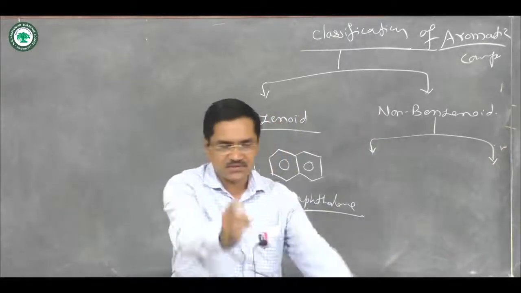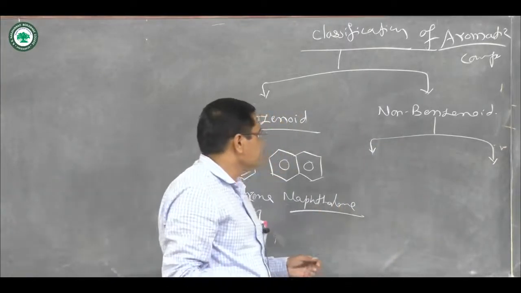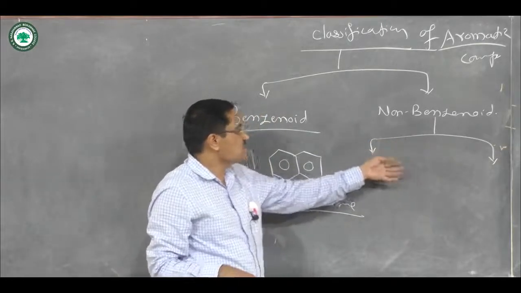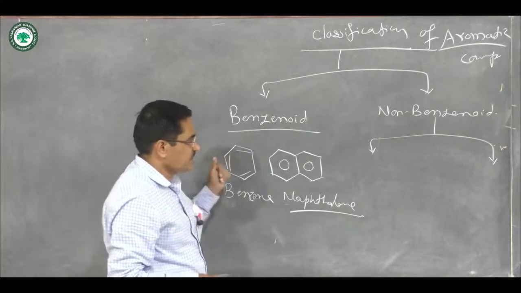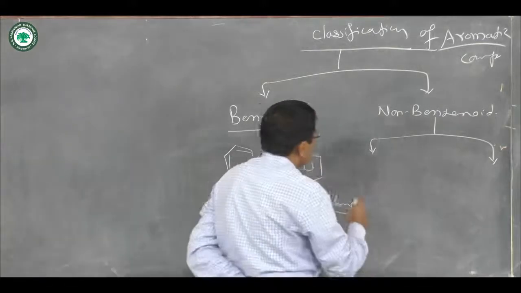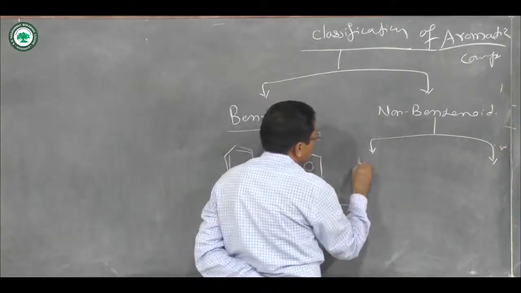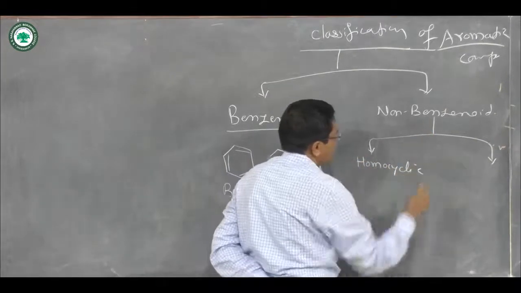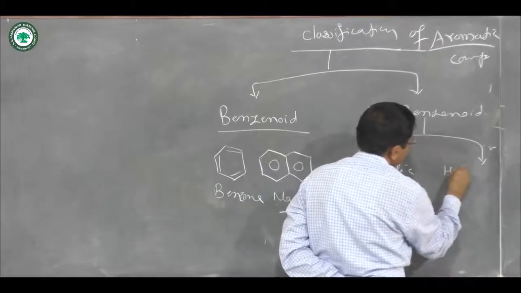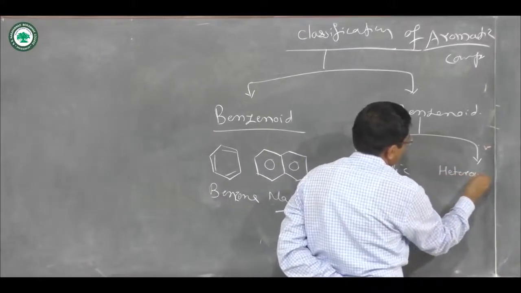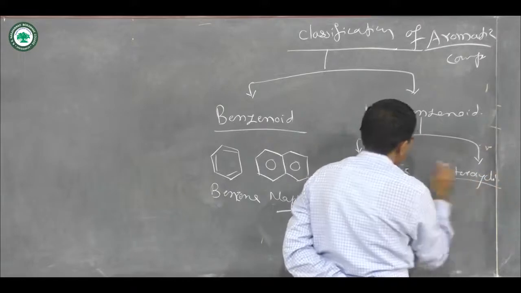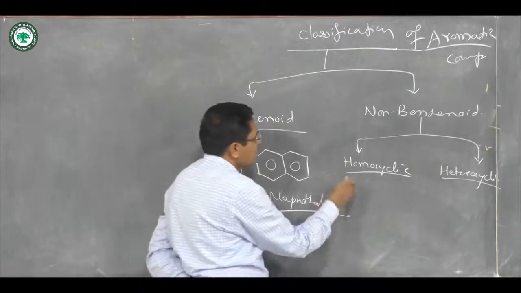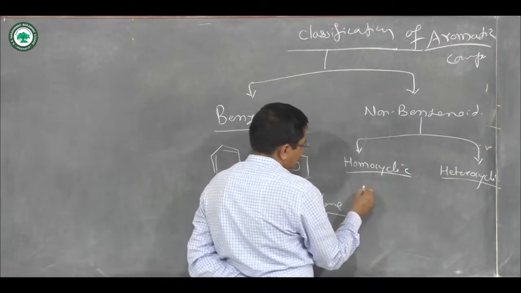Non-benzenoid compound is nothing but those compounds which are still aromatic, but the basic structure is not from the benzene ring, and hence the non-benzenoid compound is again classified into homocyclic and heterocyclic.